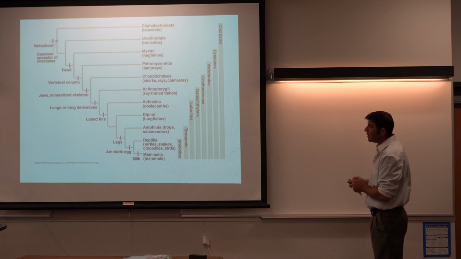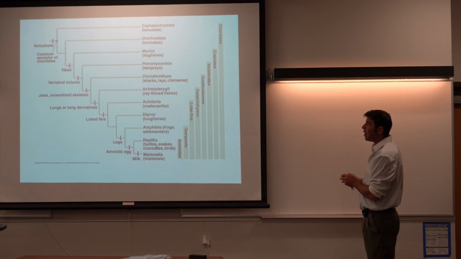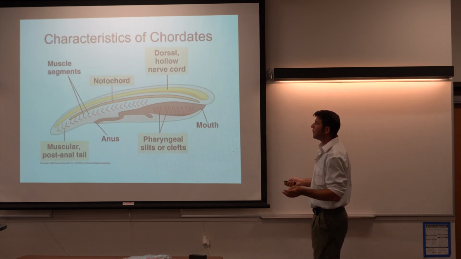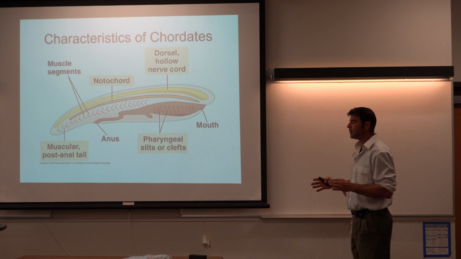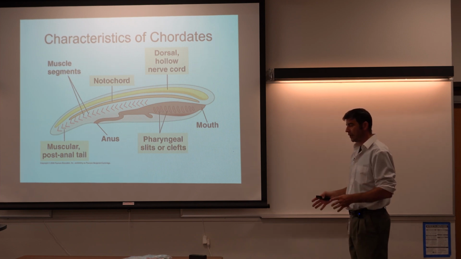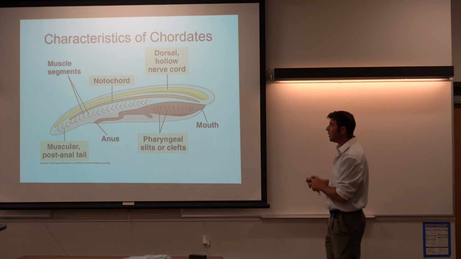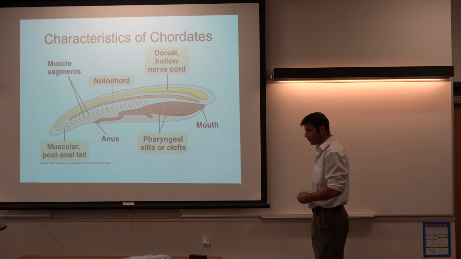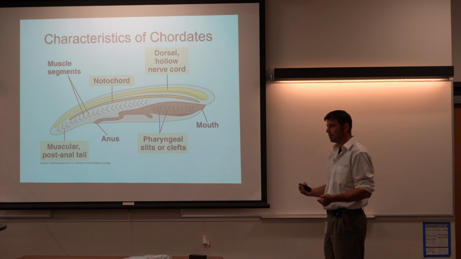There are at least 4 characteristics that all chordates are going to have in common. One of those characteristics is this notochord. In fact, if we just look at this picture, it shows us the 4 characteristics that all chordates have in common. There's this dorsal hollow nerve cord. And everything prior to this, the nerve cord has run down the ventral side of the body, like the segmented worms and the mollusks.